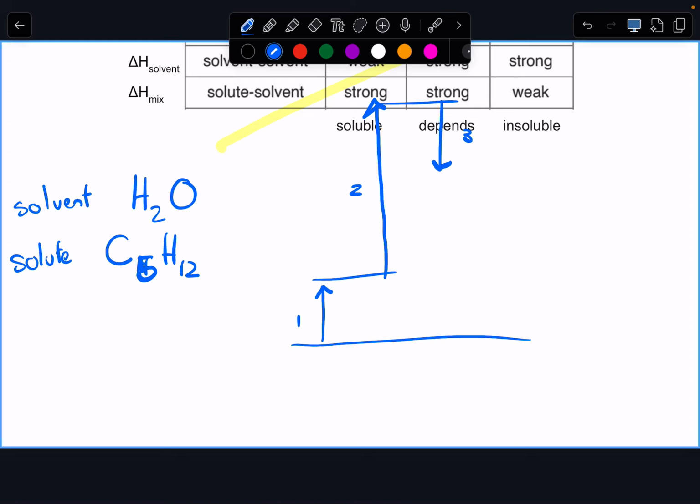So now we're talking about a large endothermic delta H of solution. So this is why like dissolves like, and things that are unlike will not dissolve.